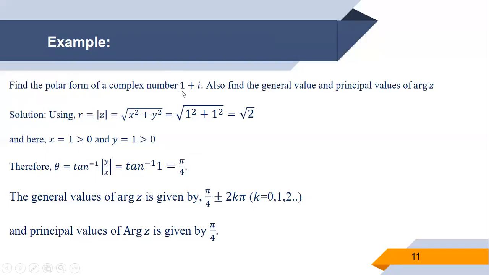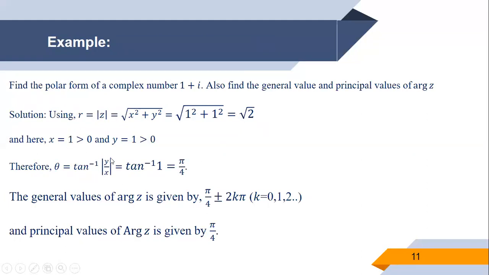So x is 1 and y is 1: the real part x is 1, the imaginary part y is also 1. We put these in the formula r is equal to mod of z is equal to the square root of x squared plus y squared. So the square root of 1 squared plus 1 squared is root 2. So r is root 2.